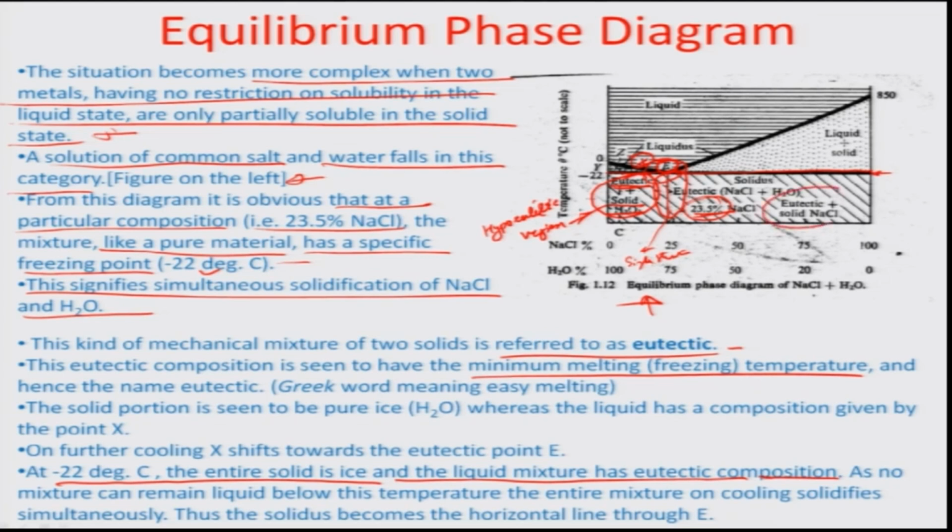Obviously, on this other side where the NaCl is more, you should have excess NaCl plus the eutectic mixture, and this is known as the hypereutectic region.